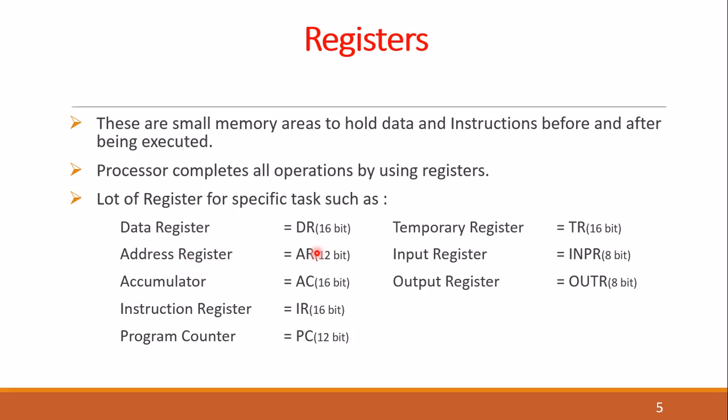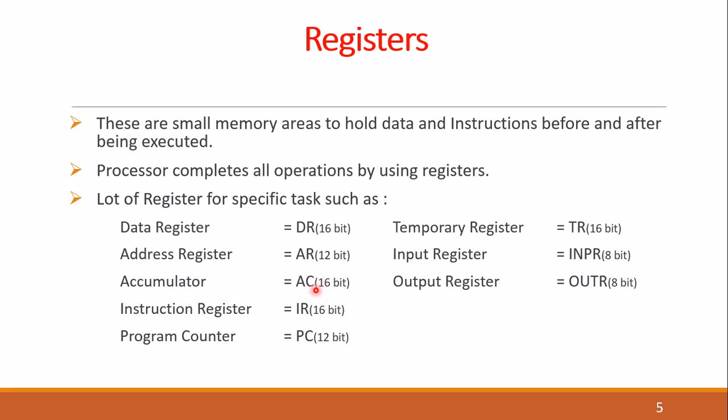And then the accumulator register. This is a 16-bit capacity register. The accumulator register is used for storing the results that are produced by the processor or the system. When the CPU generates some results after processing, all results will be stored in the AC register, or the accumulator register.